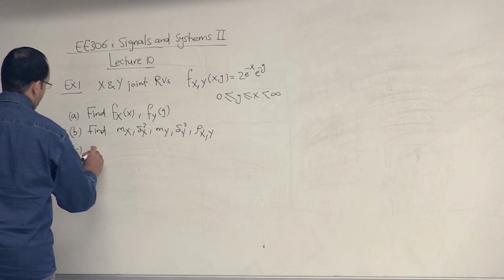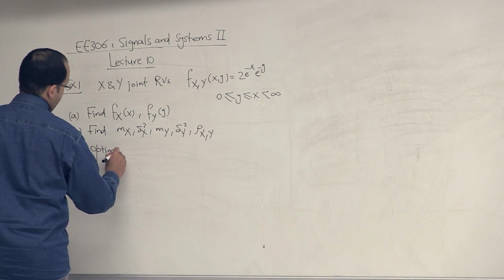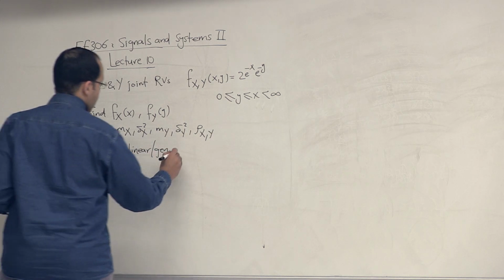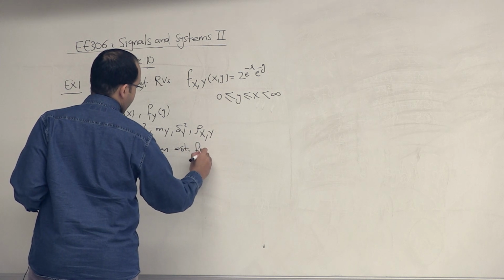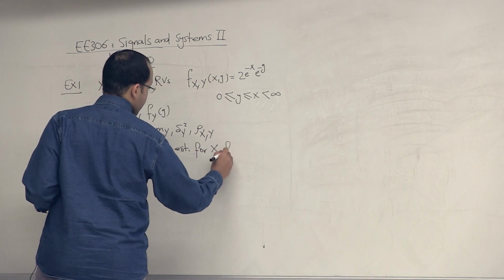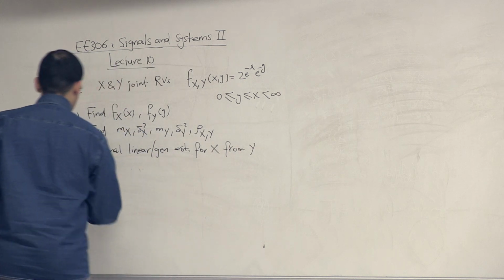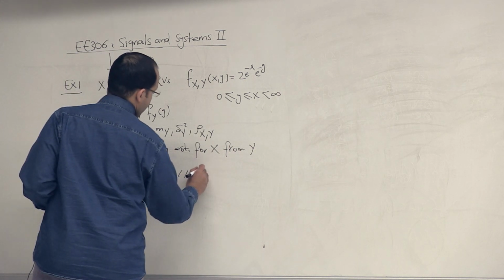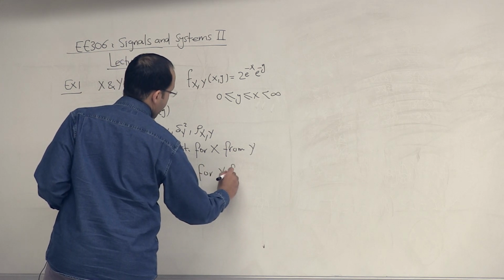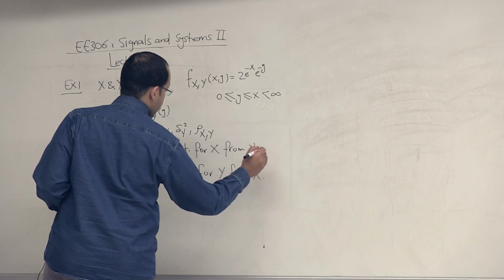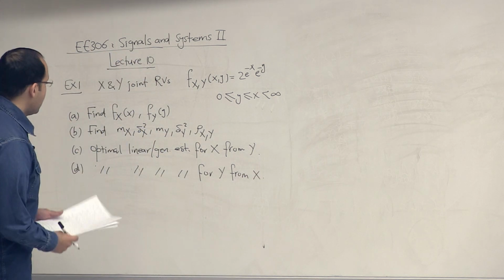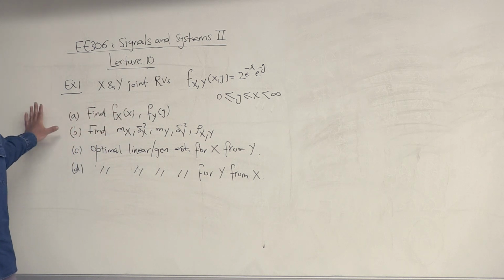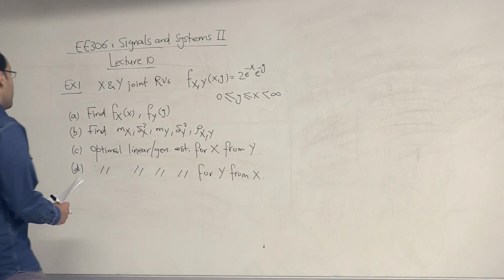And then to find optimal linear and generalized estimators for x from y, and optimal linear and generalized estimators for y from x. The first two parts you know very well how to do. That's not the time nor the place to do them, so let's write them immediately.